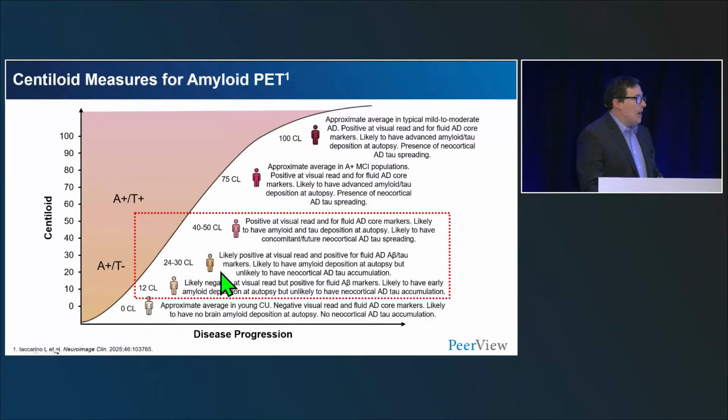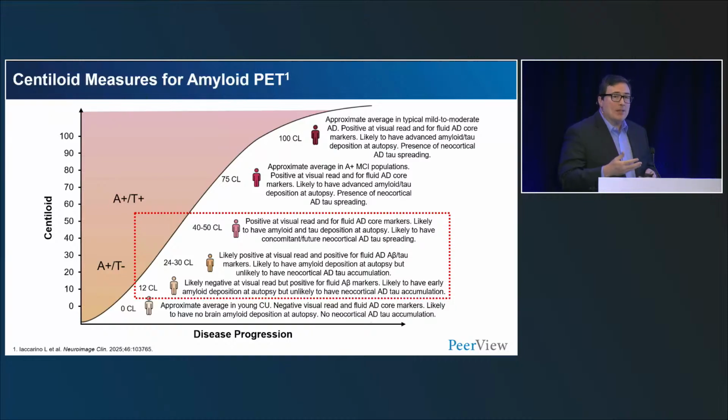And the point is that somewhere around 24 to 30 Centiloid units, most people are going to read these as positive. But these people, if you have autopsy information, often will not have neocortical tau. So these people may be, although we can't make that assumption on an individual basis, in general, these people will have earlier stage disease.